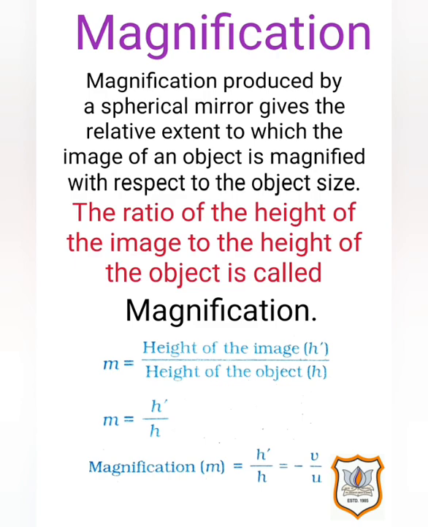And the height of the image should be taken as positive for virtual images always, while it is to be taken as negative for real images. A negative sign in the value of the magnification indicates that the image is real, while a positive sign in the value of the magnification indicates that the image is virtual.